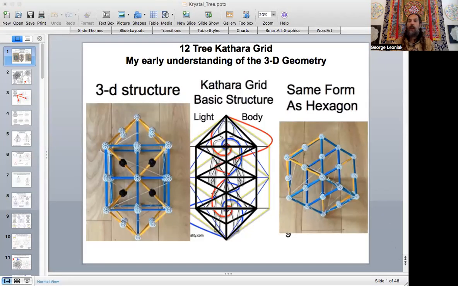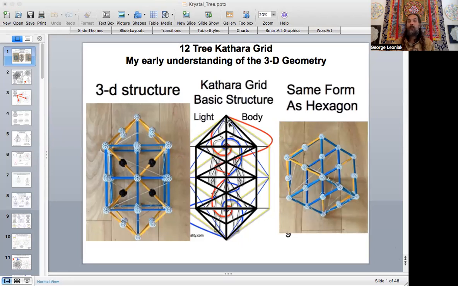Okay, so I have a few videos out there on this topic. This is probably from about maybe 3 years ago. I just took a few slides from this video here. My early understanding of the 3D geometry of the Kathara Grid was very much based on the cube and a portion of the octahedron, the rhombic dodecahedron, which is the compound of the cube and the octahedron.